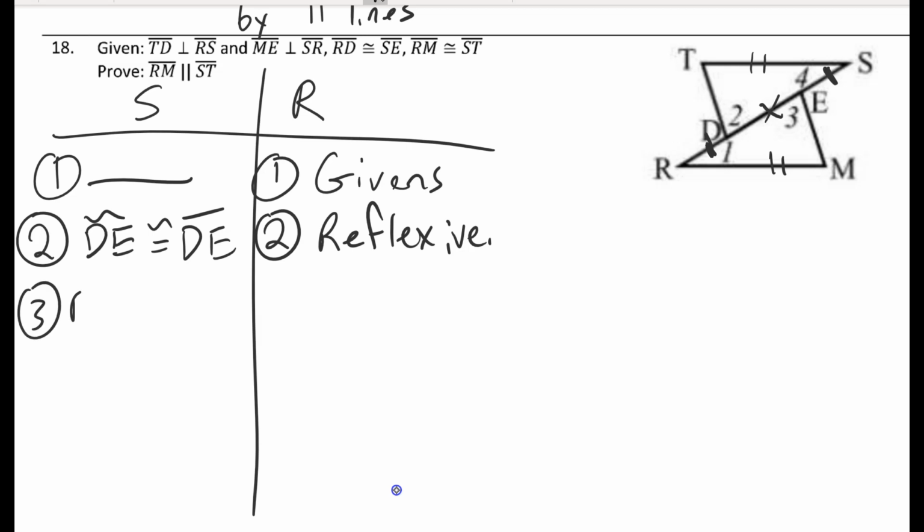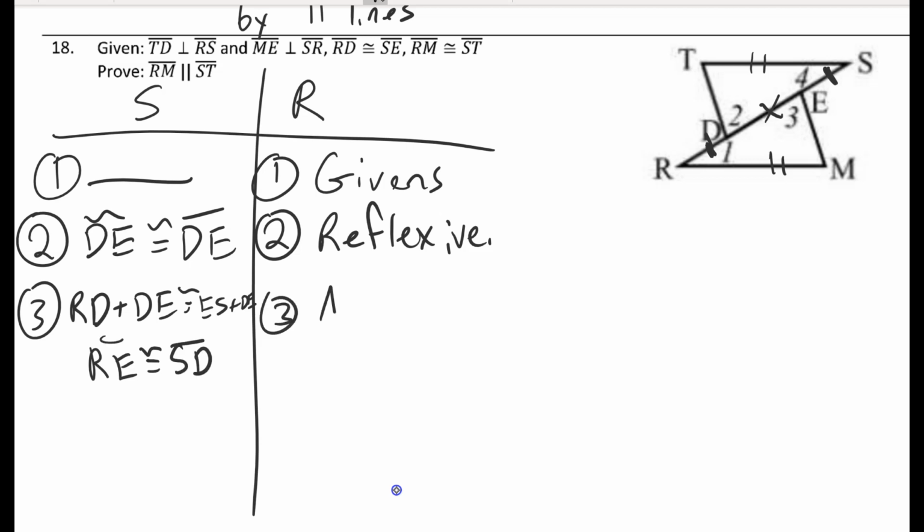So for number 3, I'm going to state that RD plus DE is the same as ES plus DE, which would mean that the side length RE is congruent to the side length SD, simply by addition.